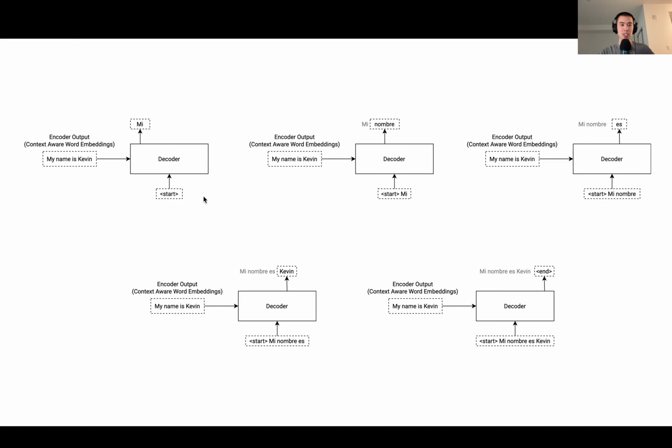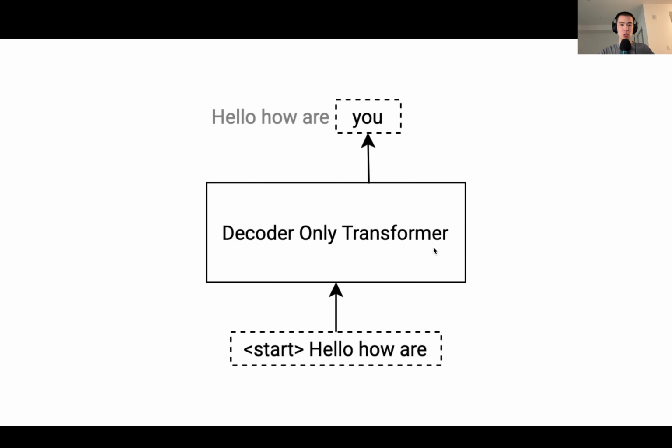So when we used a decoder alongside an encoder, we had the English sentence we wanted to translate, and the decoder would generate the Spanish translation one token at a time. It would predict, okay, the next token should be "nombre," the next token should be "es," the next token should be "Kevin," etc. But what if we had a decoder-only transformer? Maybe we could use that for, say, chatting.